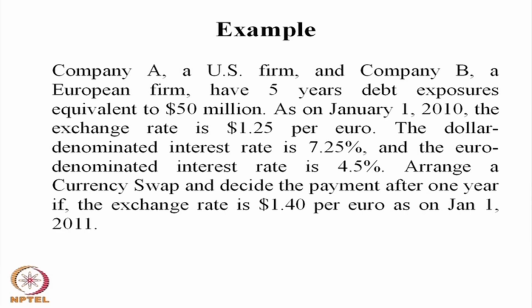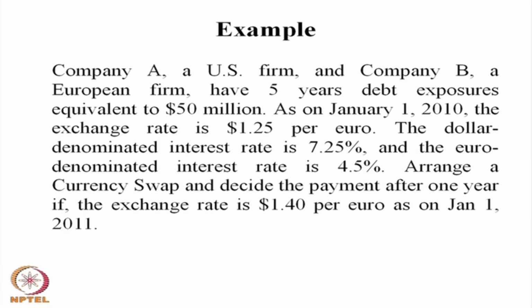What is the transaction process? There are two companies, one a US firm and another a European company. They have a 5-year debt of an equivalent amount of $50 million. As on January 1, 2010, the exchange rate between US dollar and euro is $1.25 per euro. The dollar interest rate is 7.25, the euro interest rate is 4.5.